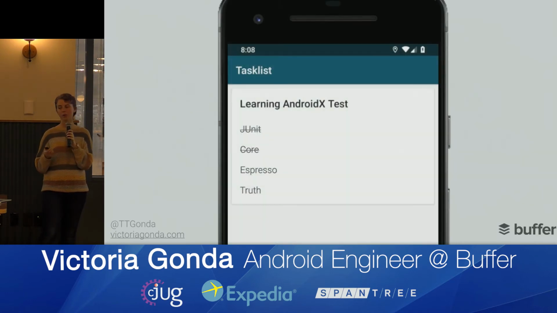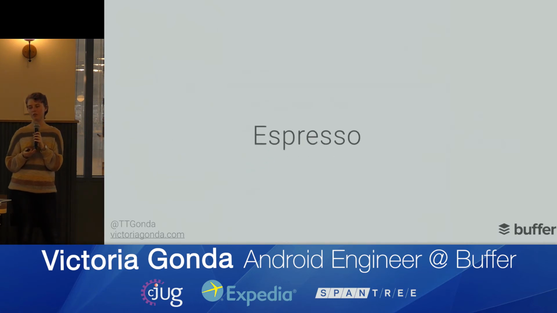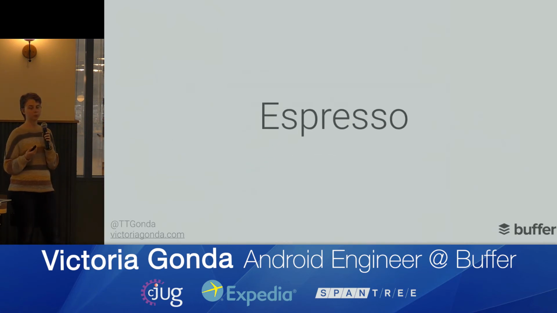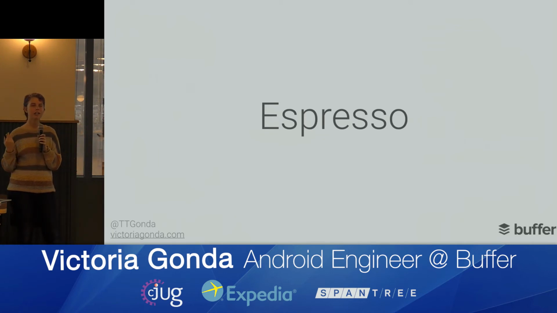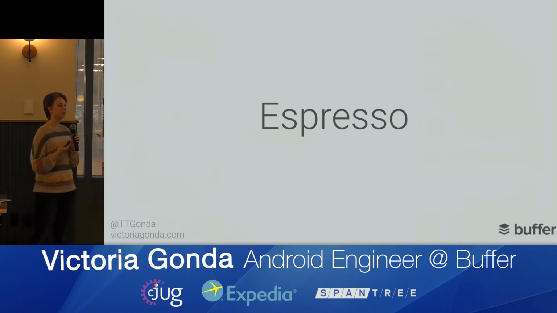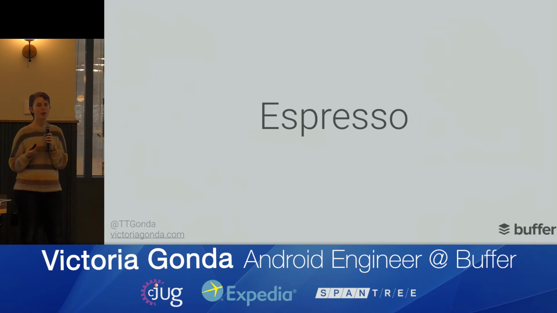All right, now the third part of AndroidX test is espresso. This is for your when case. For example, when this button is pressed. And it has what you need for any UI testing, setup and verification. It's the same espresso you might already know if you're familiar with Android testing, just brought under the AndroidX namespace.